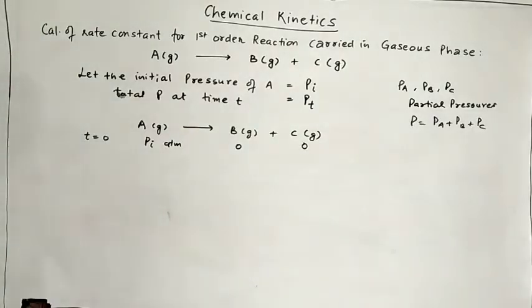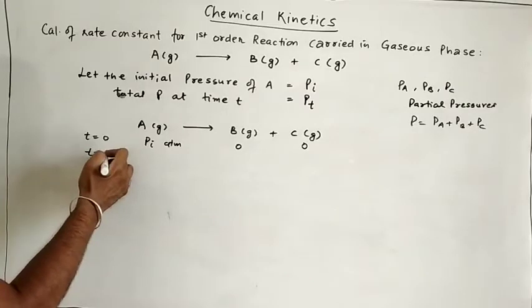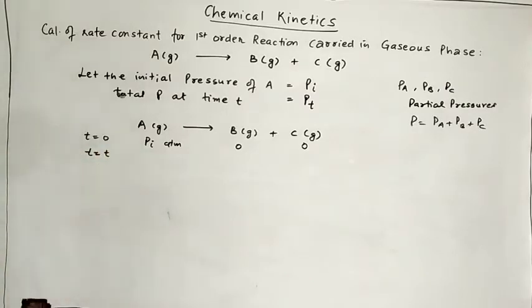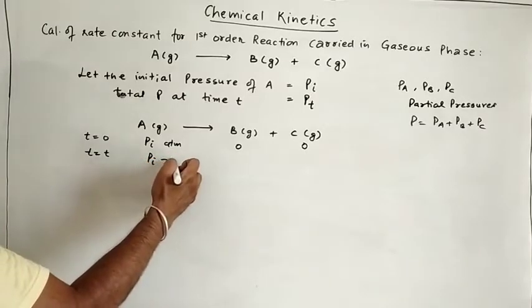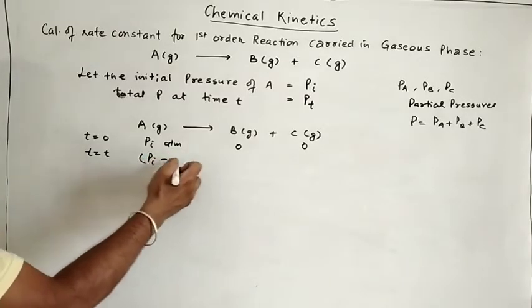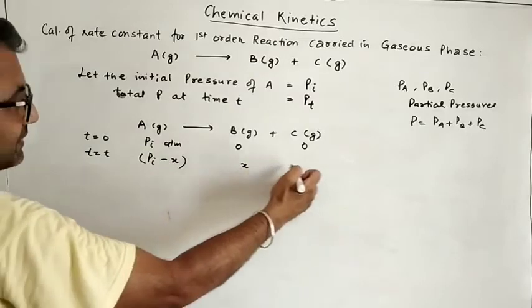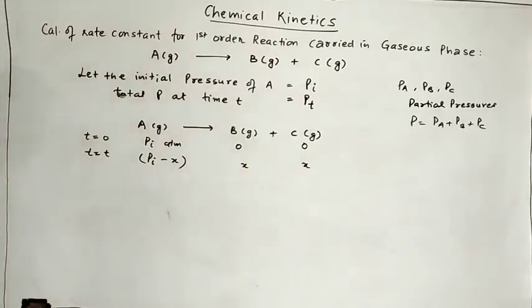So at t equal to t, after some time, some amount x of A decomposes to give B and C. It means the pressure of A gets reduced, so it becomes Pi minus x. Pressures of B and C become x atm and x atm.